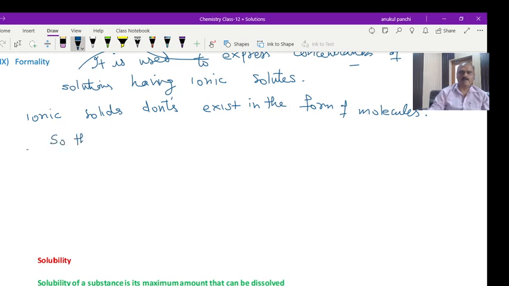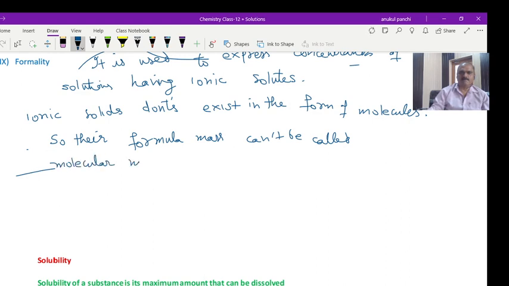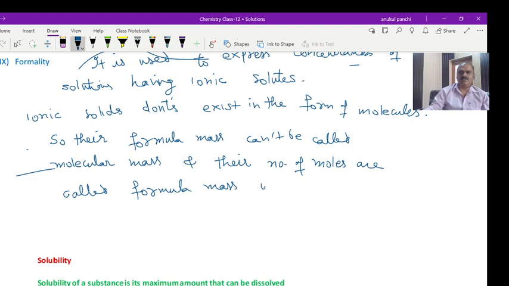So, their formula mass cannot be called molecular mass, and their number of moles are called formula mass units.